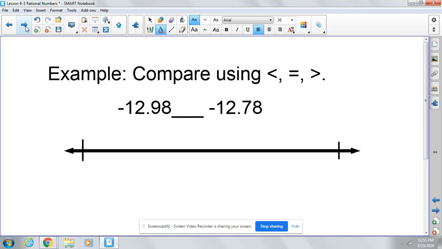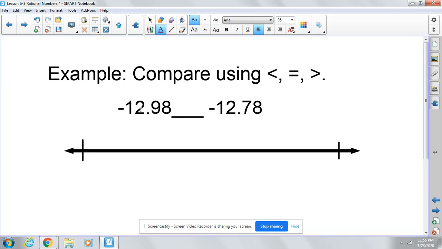All right, in this example, you are comparing two decimals. Now, this decimal can get tricky because it has numbers in the hundredths place. In this case, you just have to estimate where that decimal is going to land.